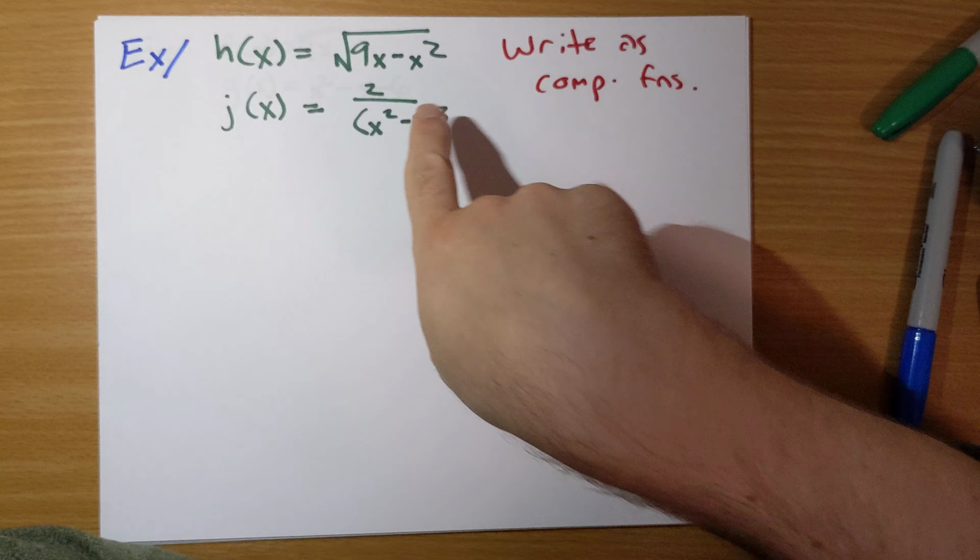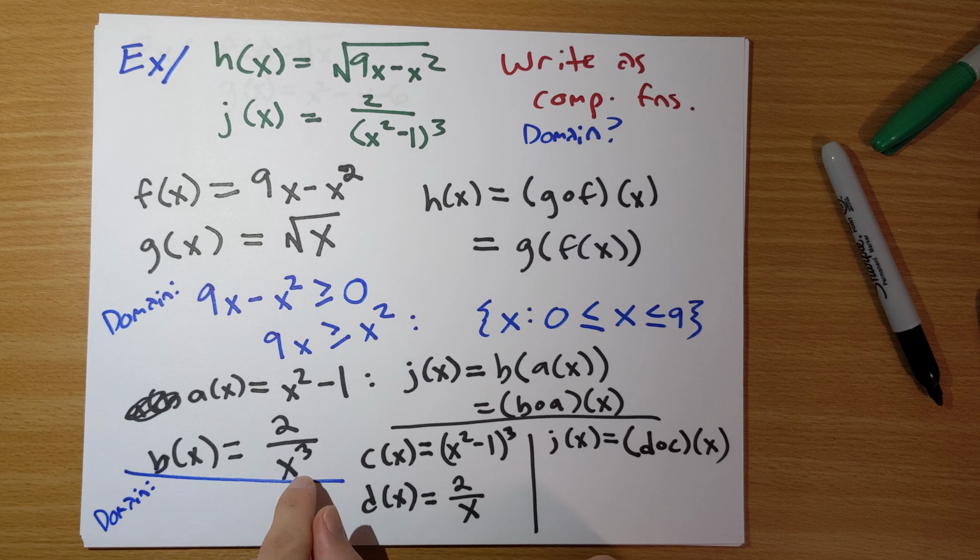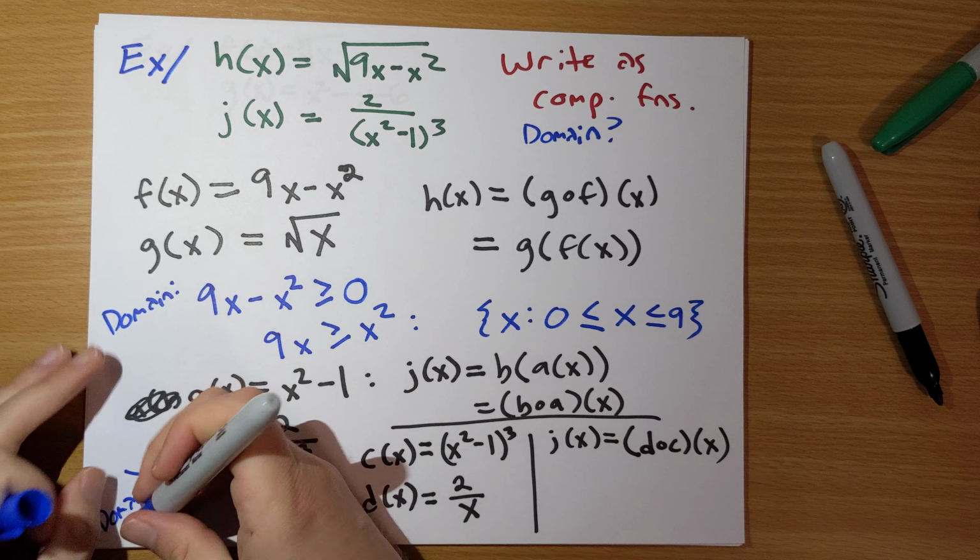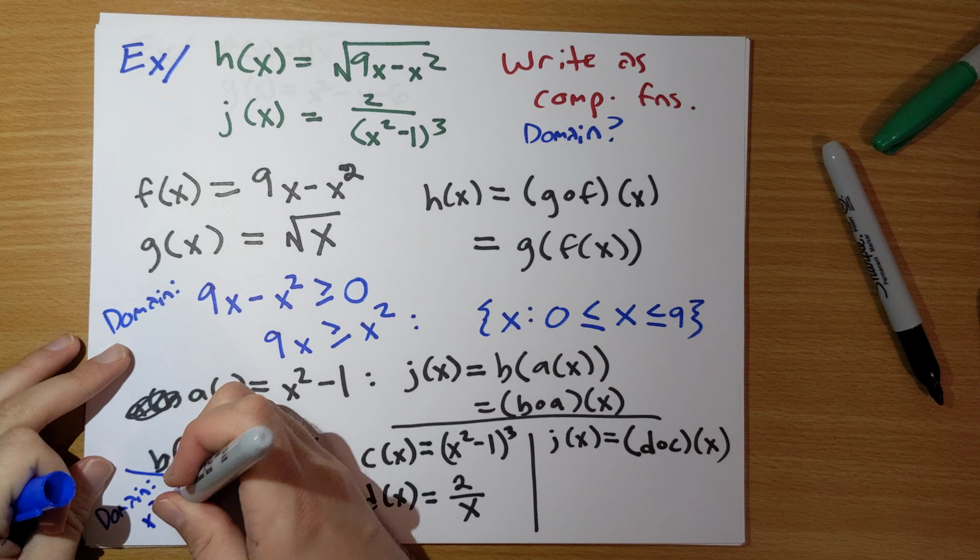To finish off, let me squeeze in the domain here. Let me use a of x and b of x. The domain of x squared minus 1 is all real numbers, that's fine. We just don't want to be dividing by 0. So we want x squared minus 1 to not equal 0, which means we want x squared to not equal 1, which means x can't be plus or minus 1.